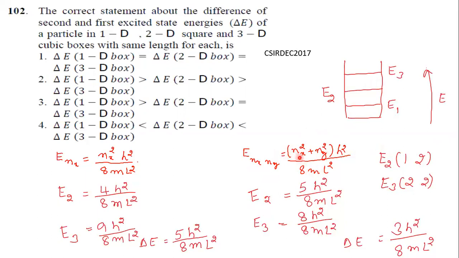When you substitute 1 and 2 here, you will get 5h square by 8 m l square. And for the second excited state, which will have the quantum numbers 2 and 2, you substitute those here, you will get the energy corresponding to the second excited state in the 2D box. If you take the difference, you will get delta E is equal to 3h square by 8 m l square.